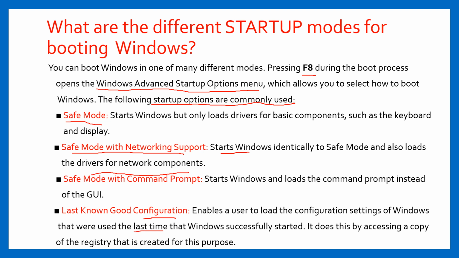Previously, whatever configuration was used will be successfully loaded. And how is this done? It is done by accessing a copy of the registry that is created for this particular process.